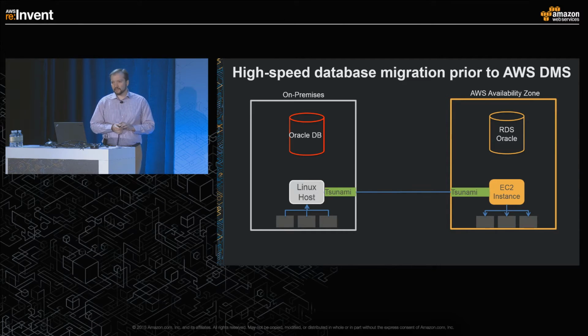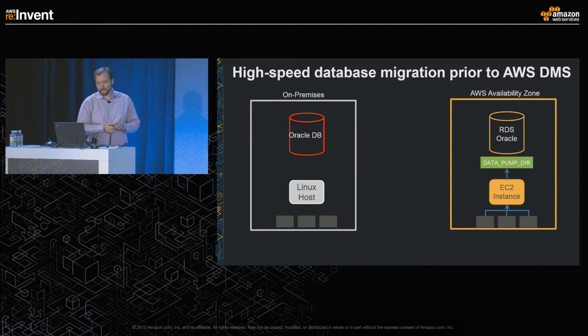Once I have my data in my helper EC2 instance, I can now start moving it into my Oracle RDS instance. And I'm going to move it first to the Data Pump directory. Amazon RDS for Oracle allows you to move files into Data Pump. Generally speaking, we manage the instance for you, so you cannot really access data files on our hosts.